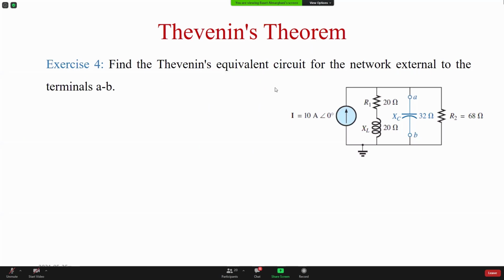Okay, try it, please. Draw the equivalent circuit first. Then, since it's an AC circuit, try to find the Thevenin equivalent impedance.